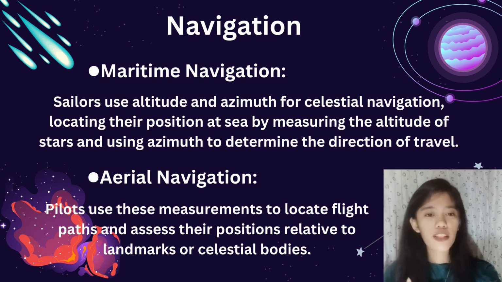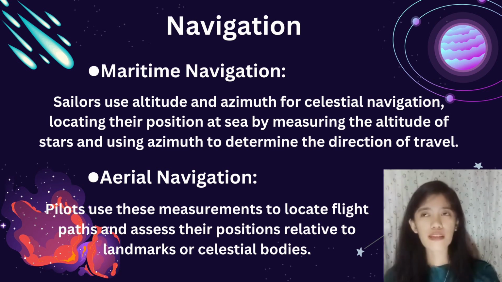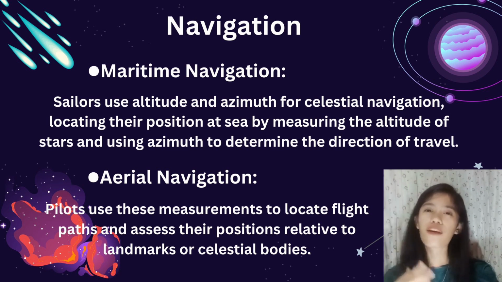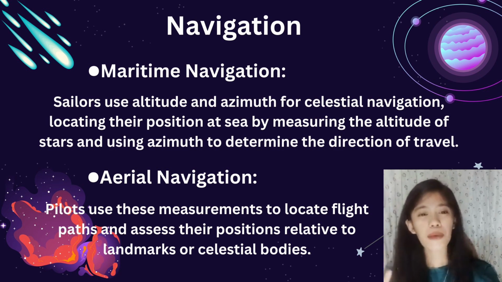Altitude and azimuth are crucial for accurate navigation, be it by air, land, or sea, as I've mentioned. Pilots use GPS data, which includes altitude and azimuth, to chart flight paths and course adjustments based on landmarks, waypoints, and air traffic control instruction.